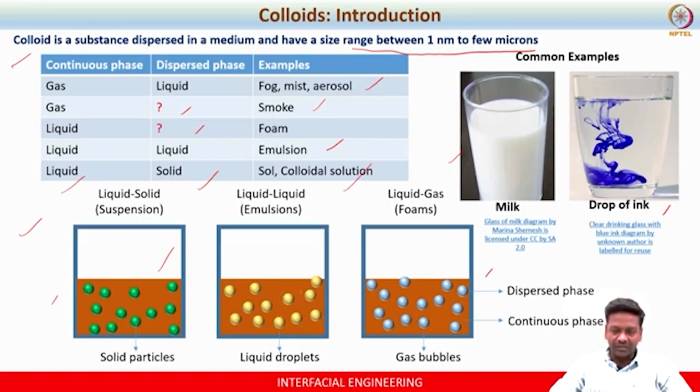The spherical object represents the droplet only, but around this droplet the particles are confined, acting as a stabilizer, and they stabilize these droplets.